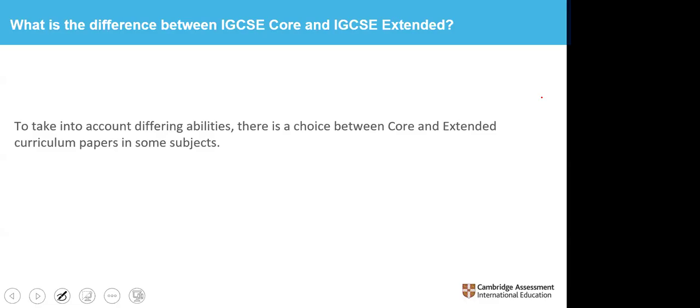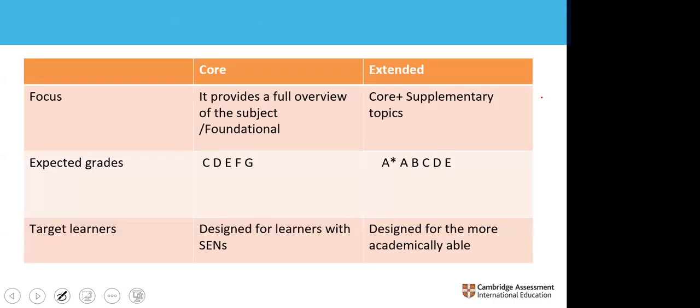So a learner can either do core or extended, depending on the learning abilities, the strength that the child has, the passion for what he or she really wants. And what is the difference between core and extended? Now, when it comes to core, it always provides an overview of the subject.